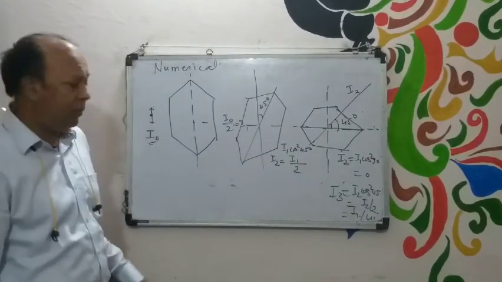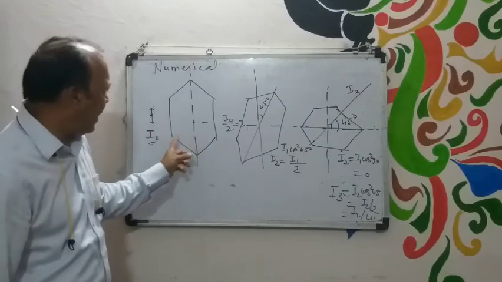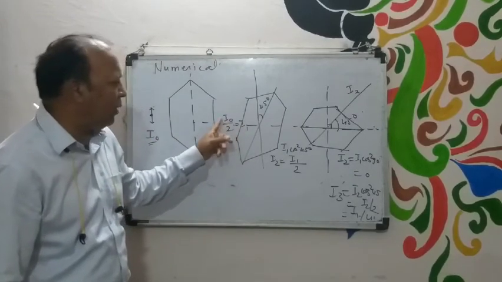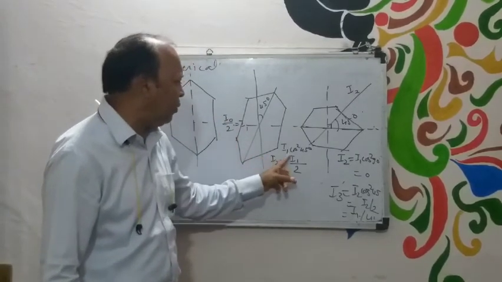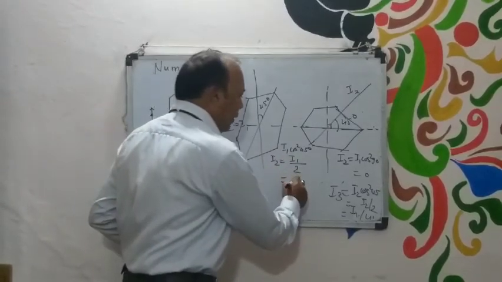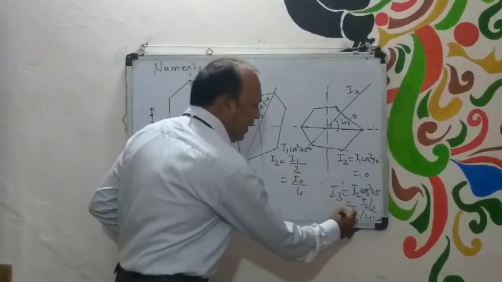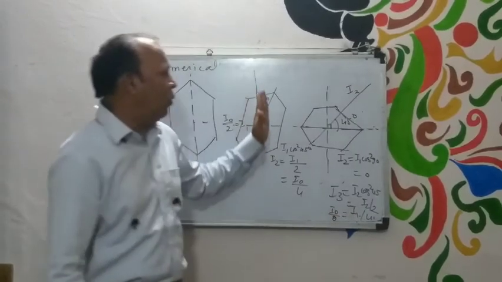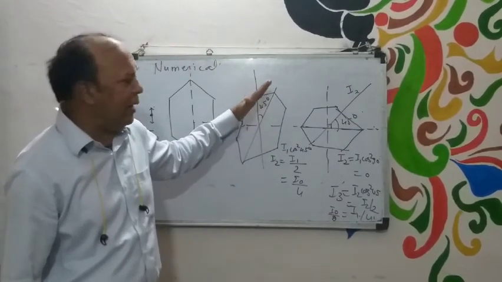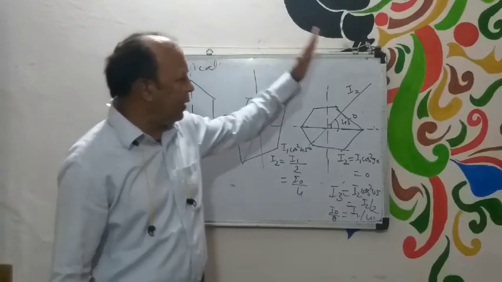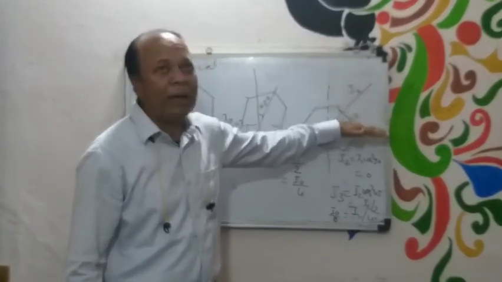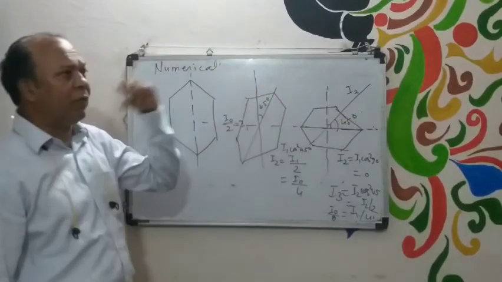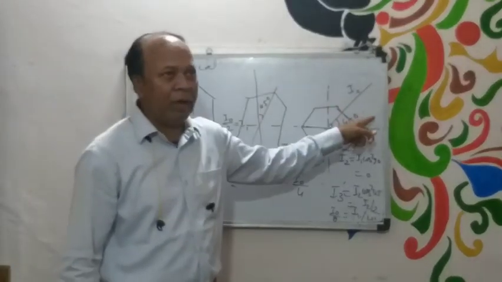Here you are getting I1 equal to I naught by 2. So again you can write I2 will be equal to I naught by 4 and I3 will be equal to I naught by 8. So now if you insert this another tourmaline crystal, the intensity will not become 0. Suppose if this one is removed, the intensity will become 0.